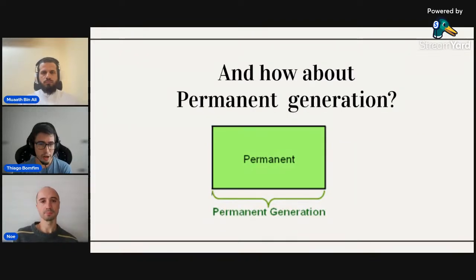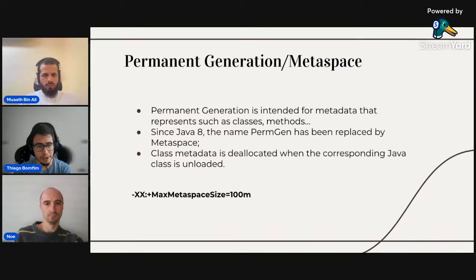Okay, and how about the permanent generation? Are the objects promoted to the permanent generation? There is another type of promotion. What do you think? Well, permanent generation or metaspace, okay? Before Java 8, since Java 8, the name permanent generation has been replaced by metaspace.